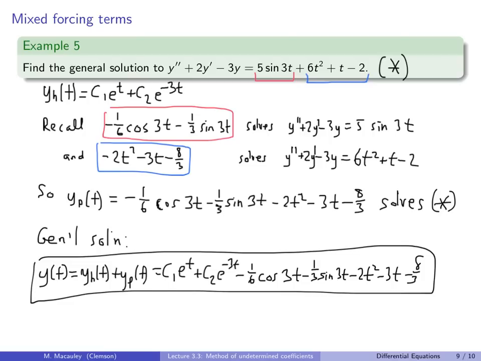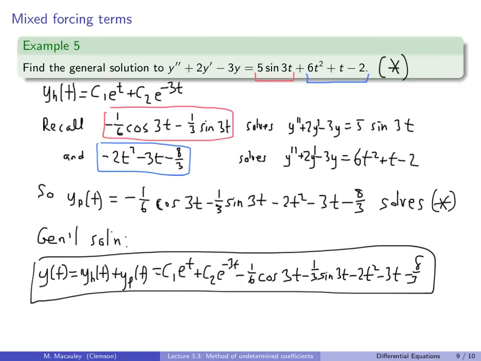So when you plug this thing into the left-hand side, you get 5 sine of 3t. So when you plug twice of this into the left-hand side, you get twice of this, meaning you get 10 sine of 3t.